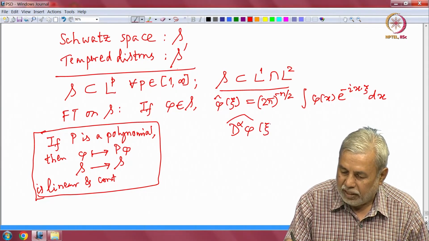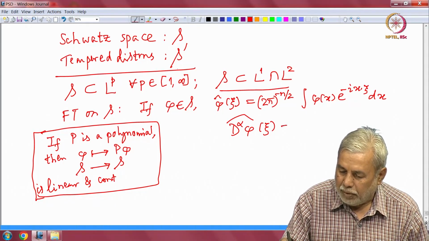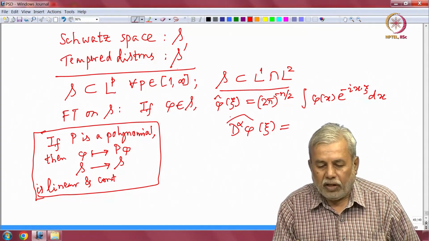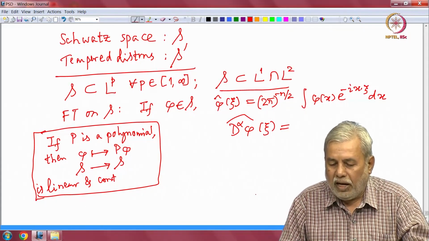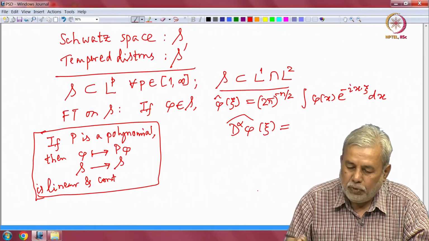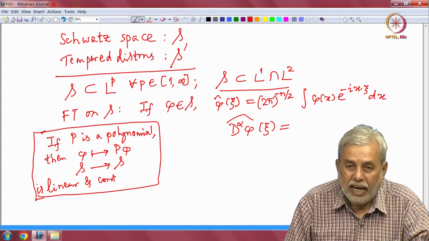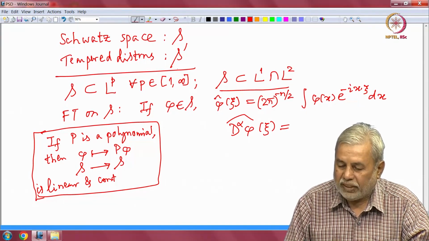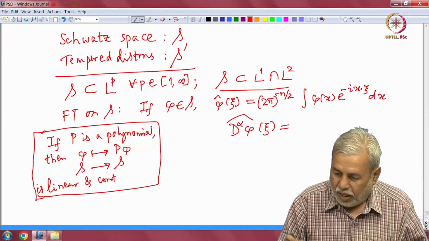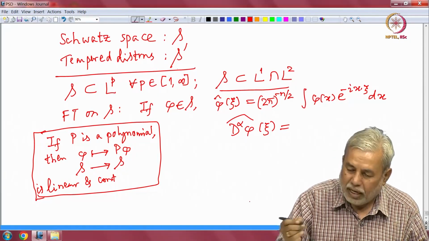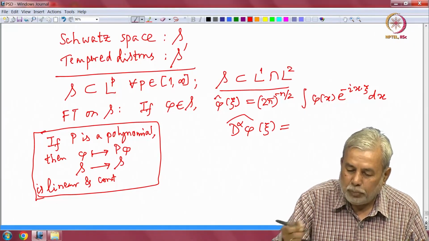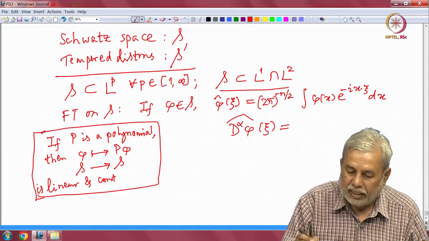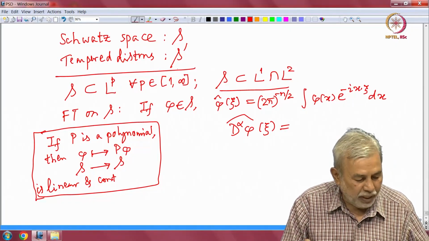We have already seen them for L1 functions, but here the functions in the Schwarz class are infinitely differentiable, any derivative is in the Schwarz class, and if I multiply by a polynomial, again that's in the Schwarz class. So they are all L1 functions. The operations here are much simpler compared to L1 functions, because for L1 functions we have to assume these additional things, but here they are part of the definition.